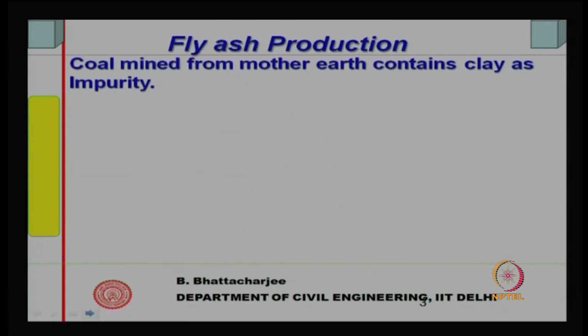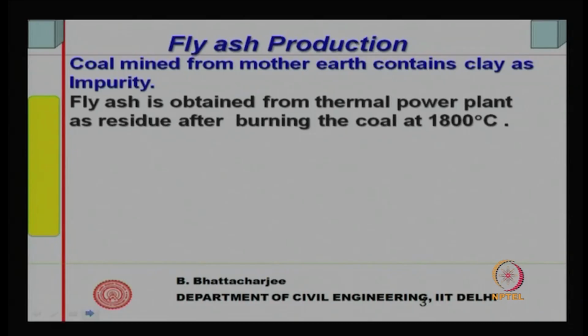Now, let us see what is fly ash. Coal is mined from mother earth and it contains clay as impurity. Now, you see a thermal power plant burns this coal to produce energy which is used to generate steam and finally to run the steam turbine to generate electricity.